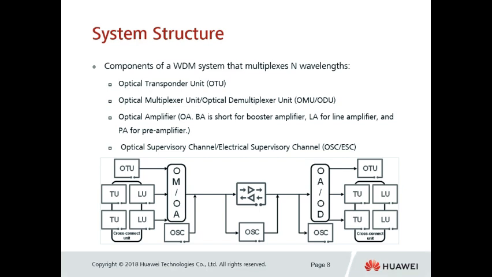Another solution is optical regenerator. We discovered one unit, and we gave it the name optical amplifier unit. Optical amplifier unit can amplify your signal power directly. It doesn't care how many wavelengths you have in the same fiber.